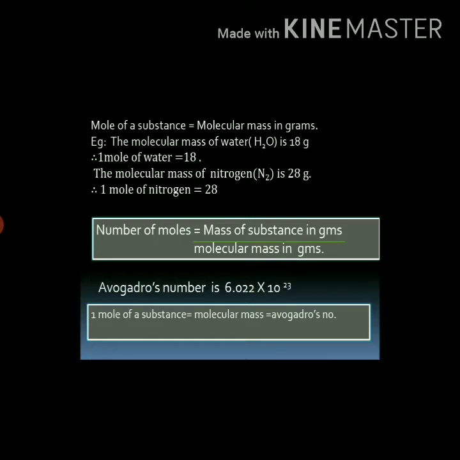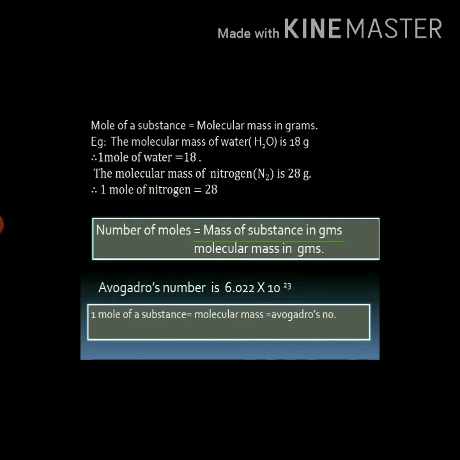Now let's see what you understand by Avogadro's number. Avogadro's number is a constant whose value is 6.022 into 10 raised to 23. As we all know, when we say the word dozen, the value which comes in front of us is 12. When I say I have 1 dozen pencils, which means I have 12 pencils.